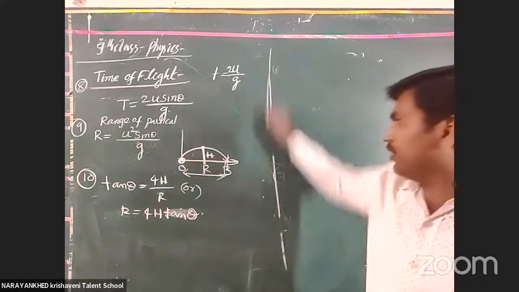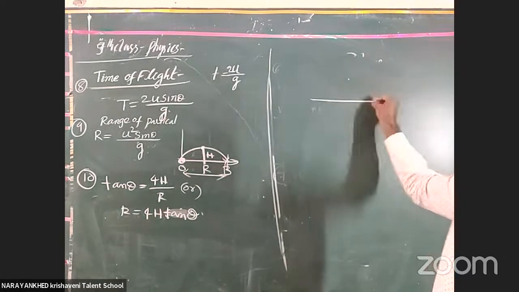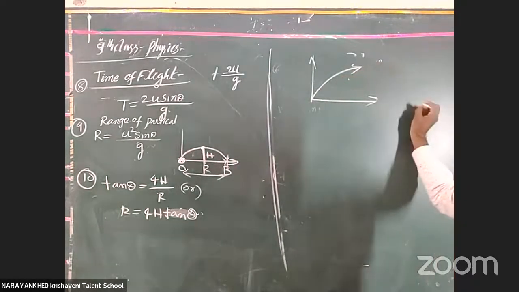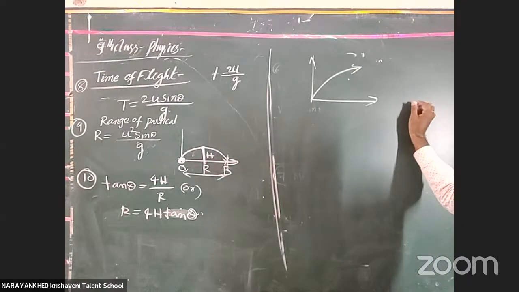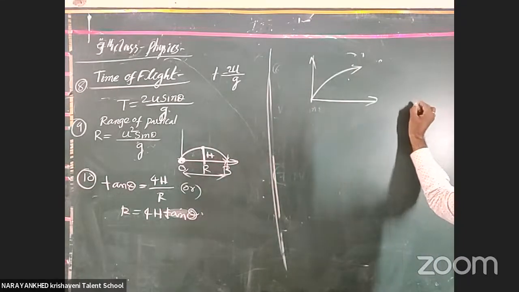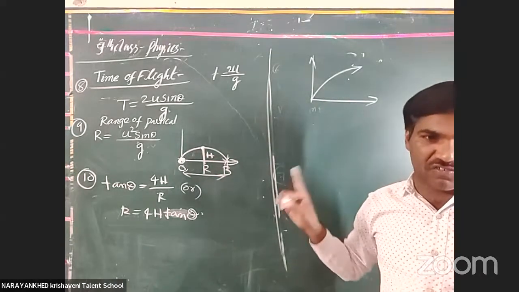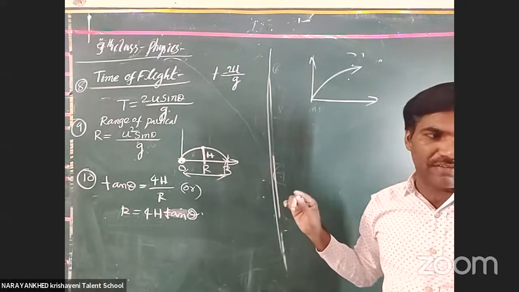The next component is in two-dimensional motion, that is the projectile motion. In this projectile motion, the horizontal component of velocity remains constant. There is no change in the velocity.